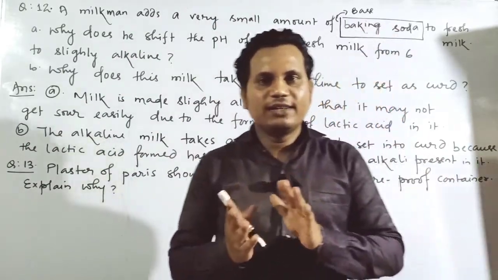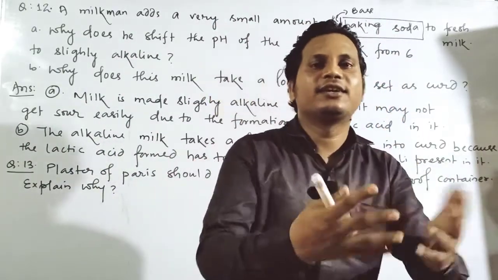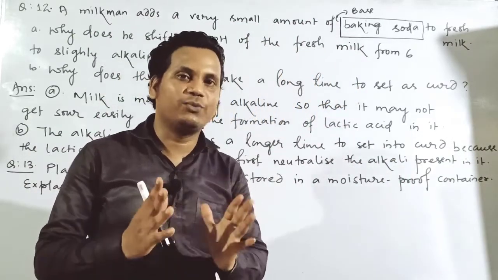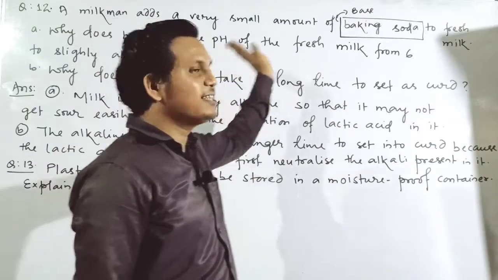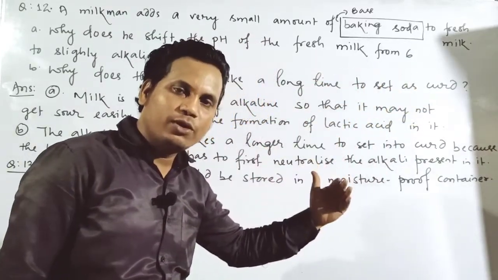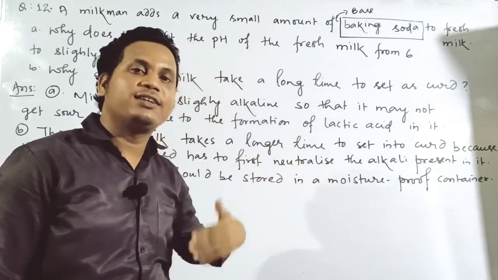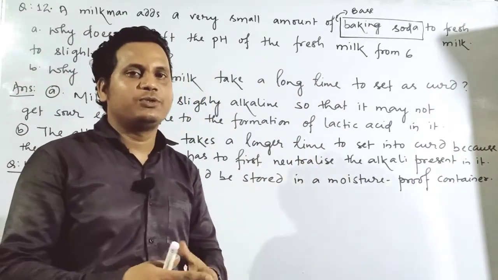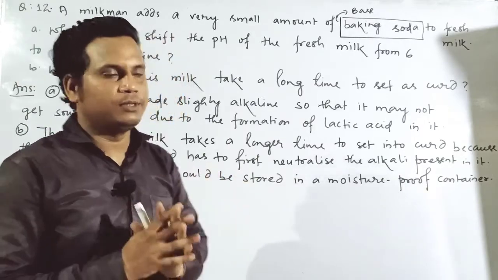Milk does not get easily converted to curd because milk is alkaline. So the pH will first fall to 6, then become acidic, then it will become sour. So it will take some time, so that milk remains stable.